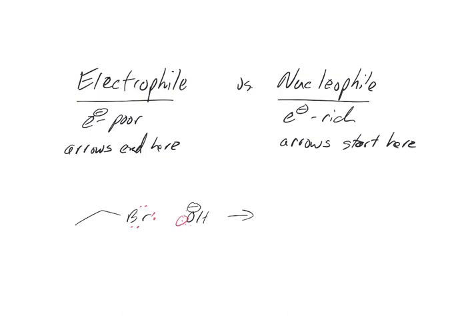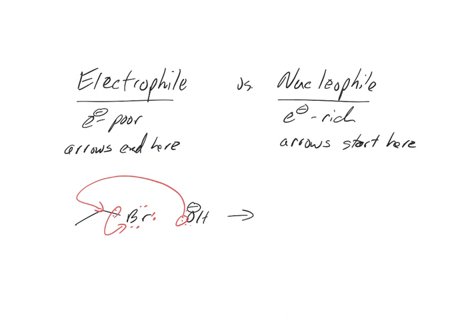All right, if I gave you this, and asked for two things. I asked for the products, which we've done before, and then I could ask you, what's the electrophile, what's the nucleophile here? In theory, this should be rather simple.